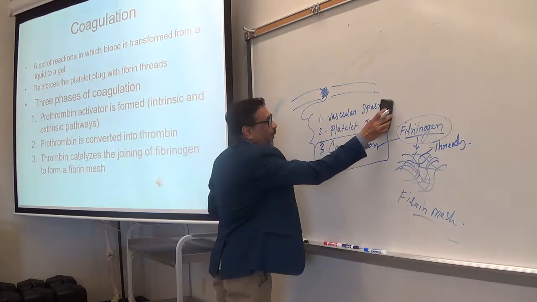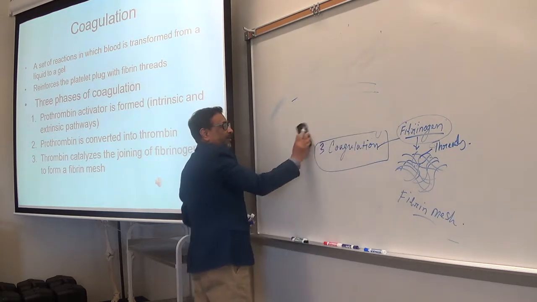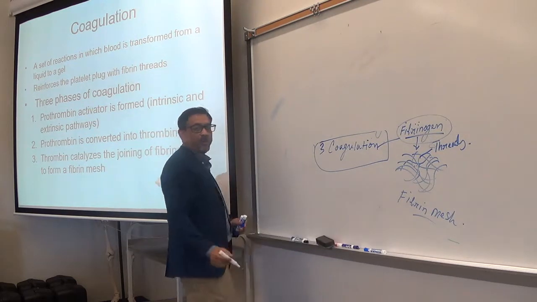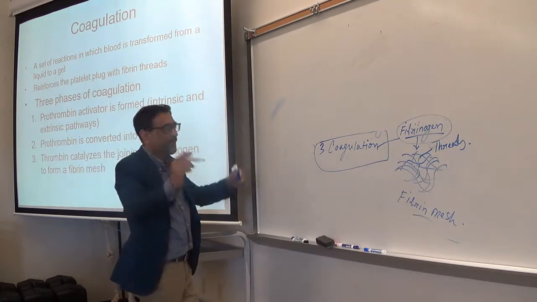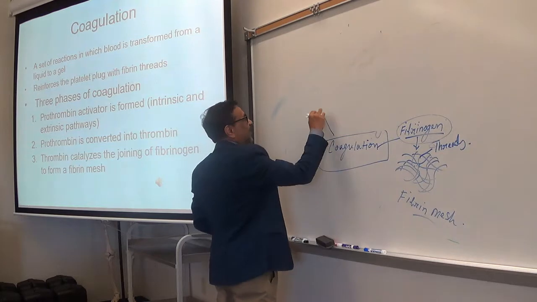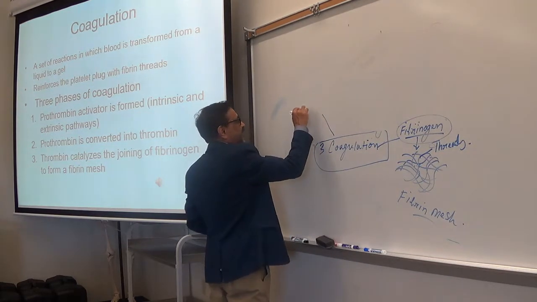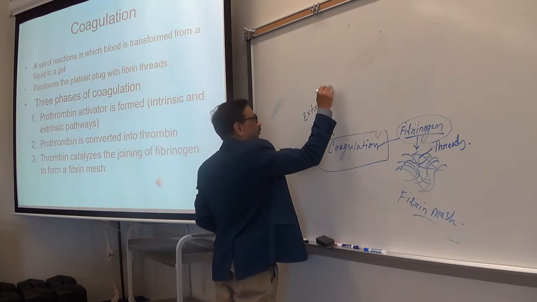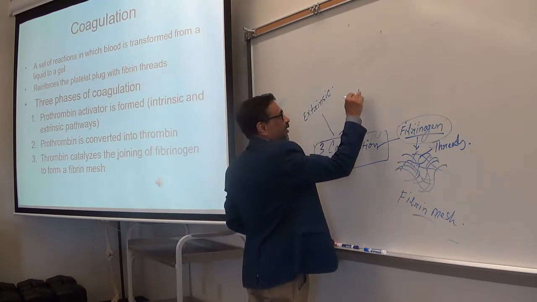First, coagulation can occur in two pathways. How many? Two. One is called extrinsic, another is called intrinsic.